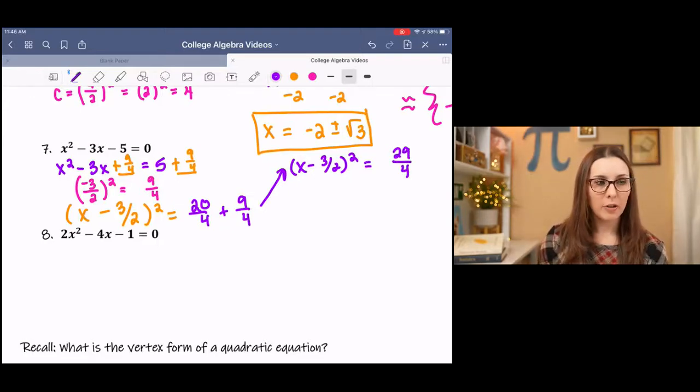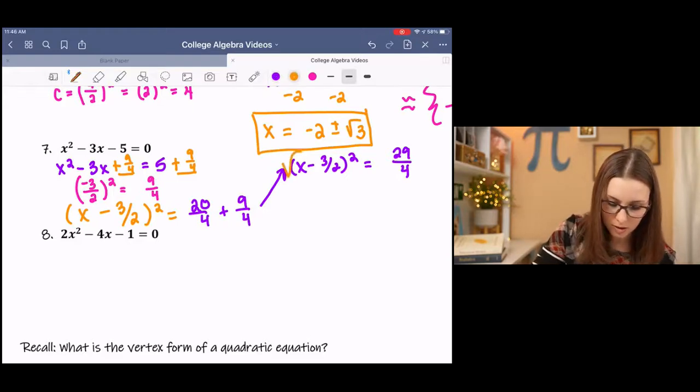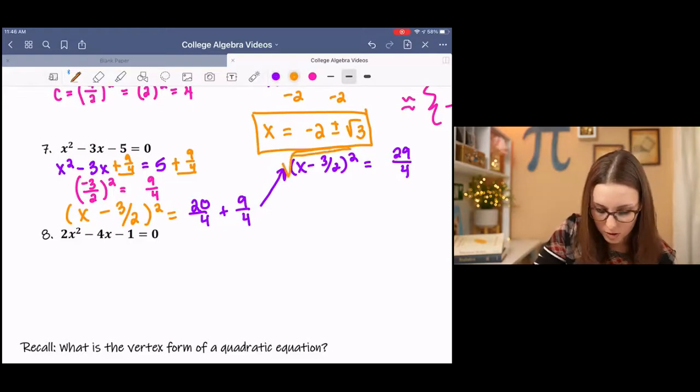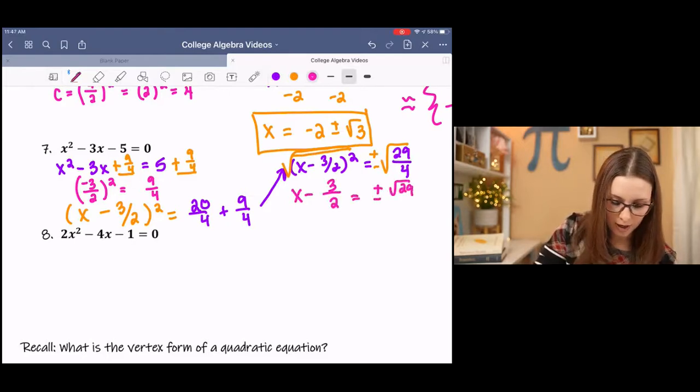And if you have decimals, I would just recommend doing fractions, because in this next step, when I square root both sides, what's going to happen here is x minus 3/2 comes out, and then I have square root 29 over square root 4, which is 2.